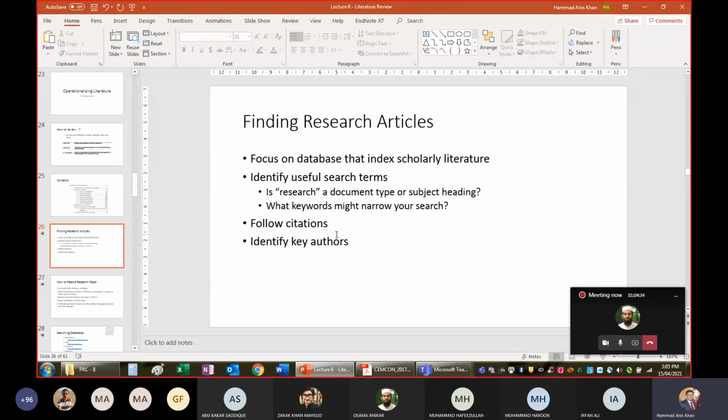Citation is like a person who cites some other person's work. If he gives a reference, it means the references, so you can use the references, or you can identify the key author. You know that this person has done research on carbonation, so you go to this person's Google Scholar or ResearchGate profile and see what research papers or projects he has done. From there you can get some data or some papers to study.